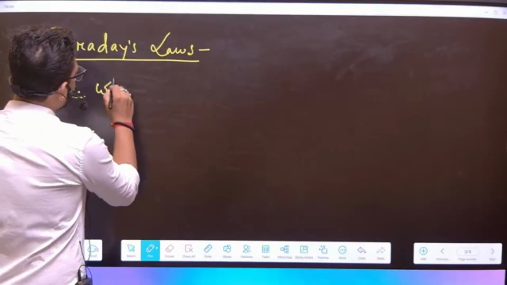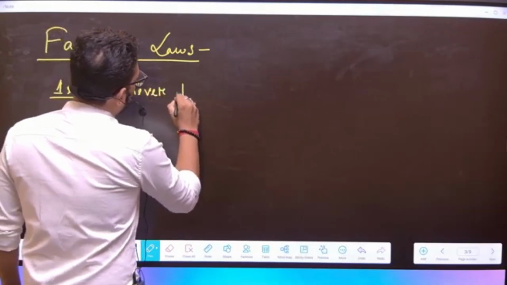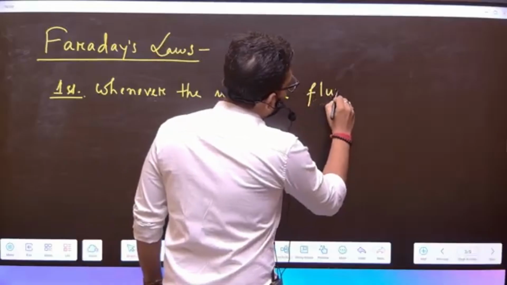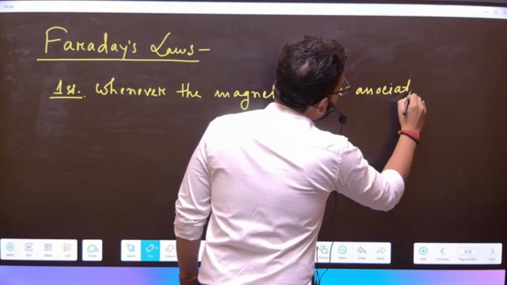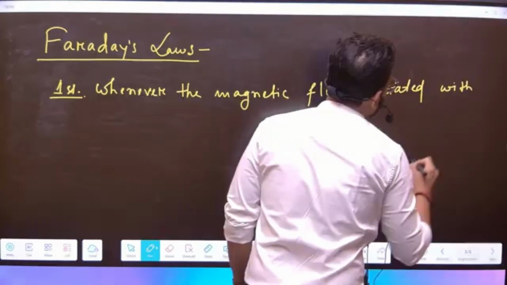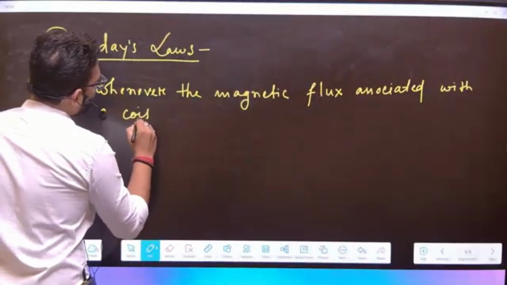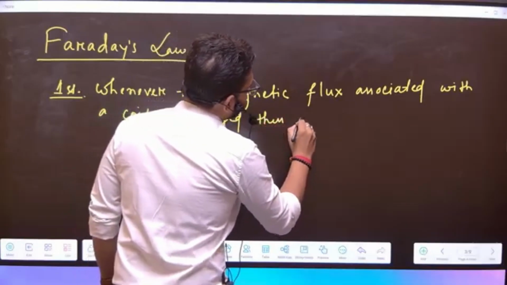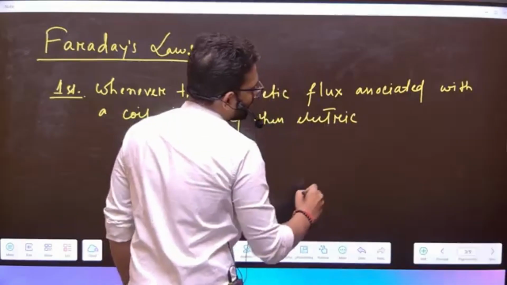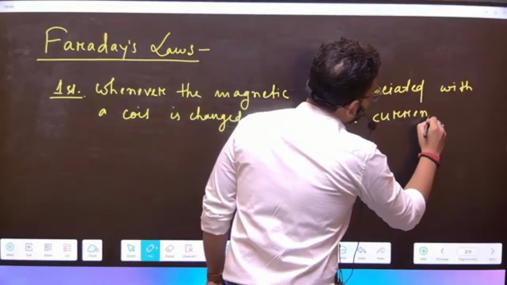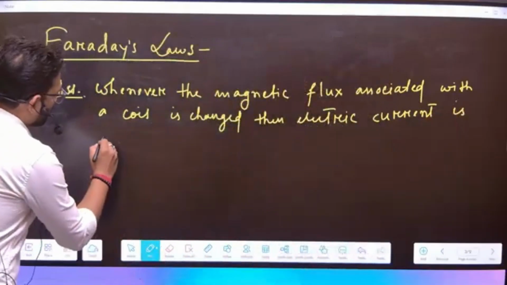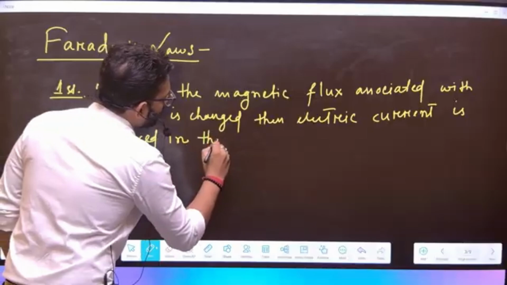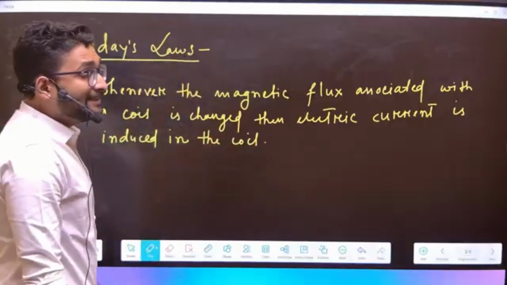It says that whenever the magnetic flux associated with a coil is changed, then electric current is induced in the coil.